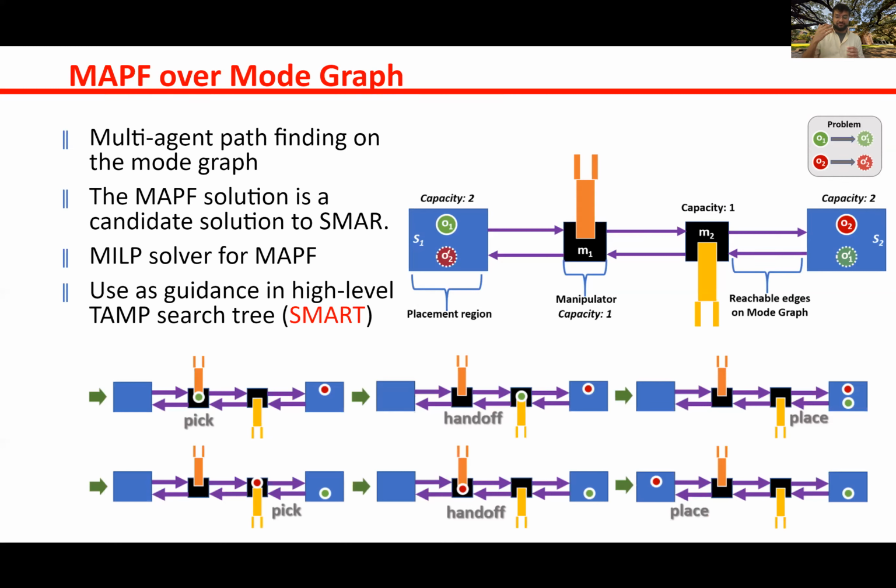And from previous work by JJ, in fact, there are very efficient mixed integer linear programs for these problems. We use this in a high-level task and motion planning search to guide our solution for effectively finding these multi-arm rearrangement solutions.